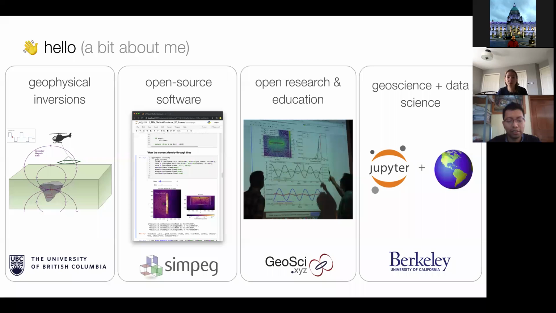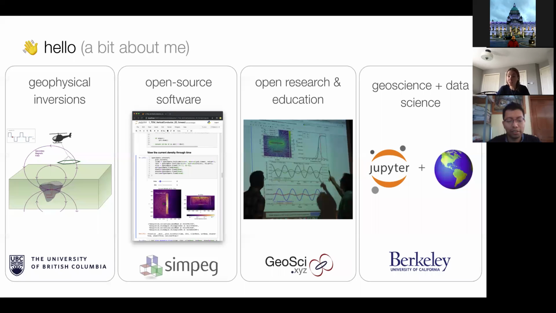On top of that, we've built some educational resources on a website called geosci.xyz. This is a collection of open source textbooks and also Jupyter notebooks, where you can go in and actually interactively play and explore different physical simulations. We'll show some examples of that today.